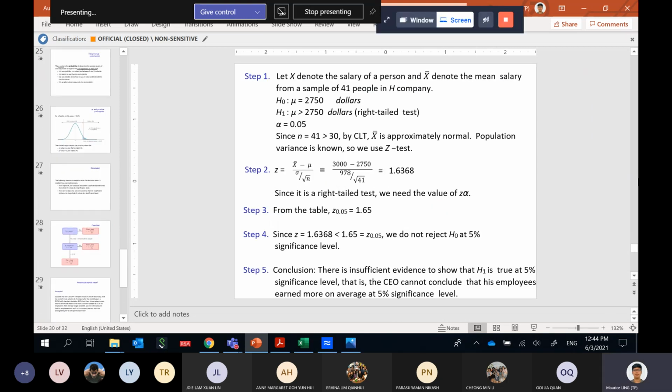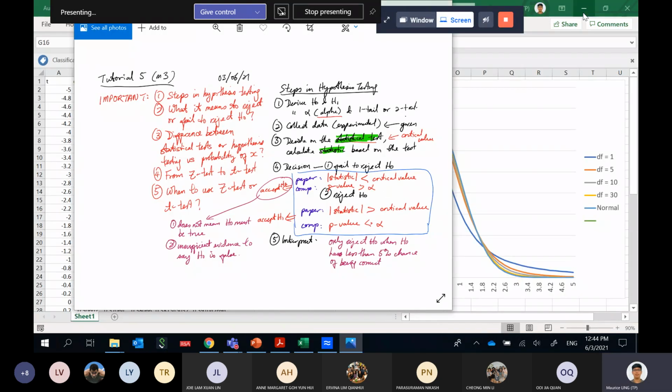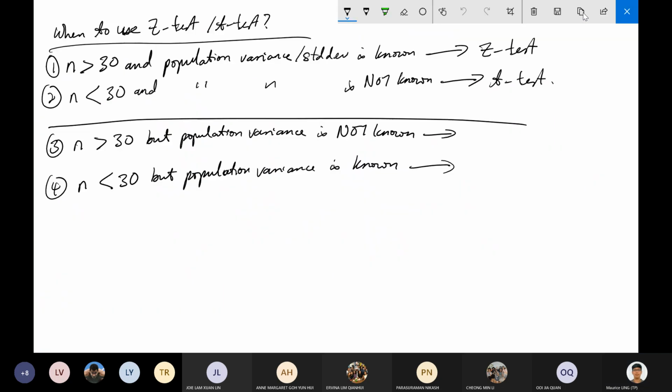So if population variance is known, this is important. You don't care about sample size anymore. You use z-test.